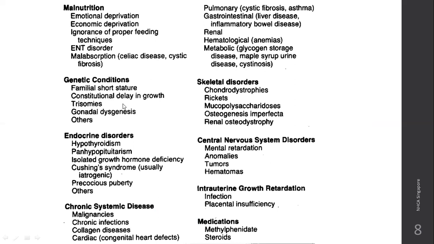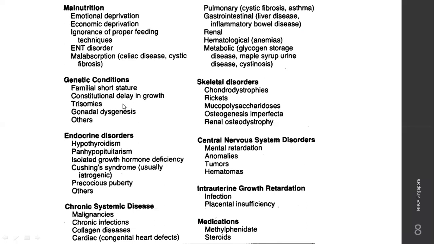Genetic conditions, like short height running in the family, constitutional delay in growth, small for gestational age babies, trisomies like Down syndrome, gonadal dysgenesis, that is, the child's gonads, the testes in the male child and the ovaries in the female child, are not produced properly.